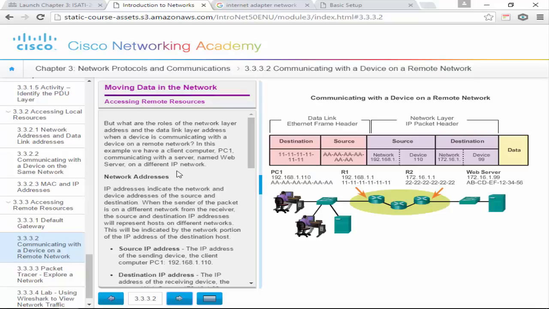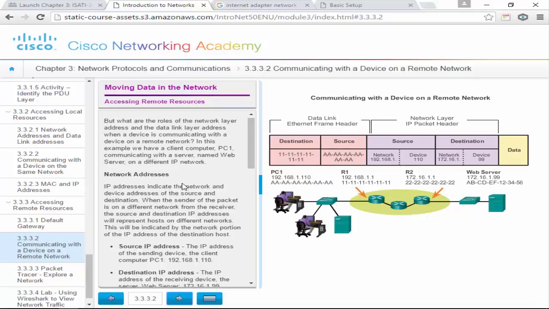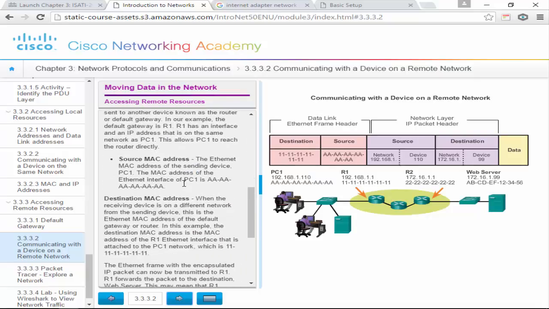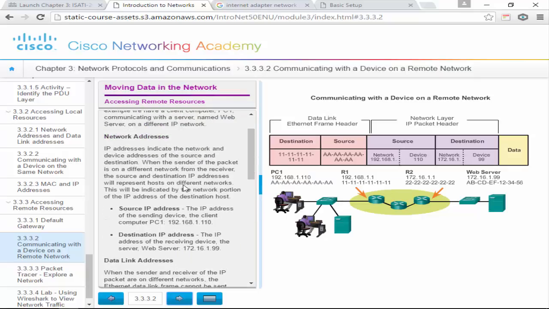Okay, moving data in the network. This is pretty much what I've been talking about, with the destination and source. What happens as data moves is, when we hit layer 3 devices, they rip off this Ethernet header and replace it.